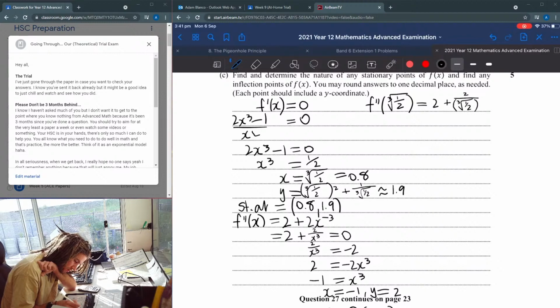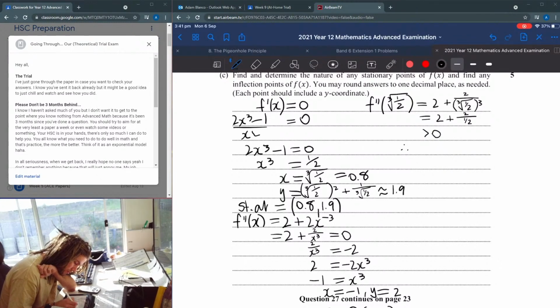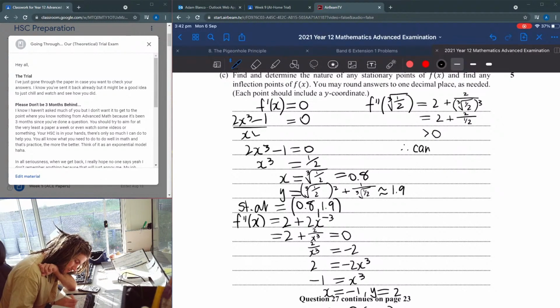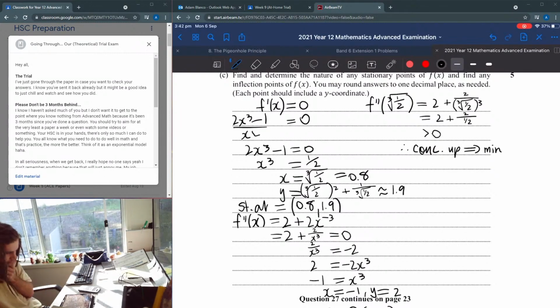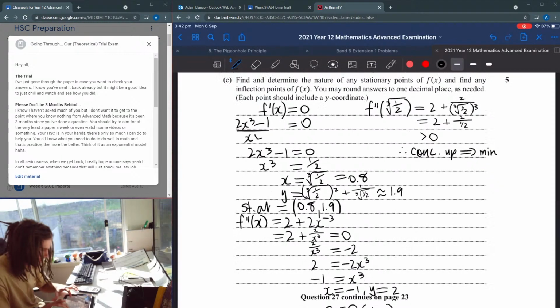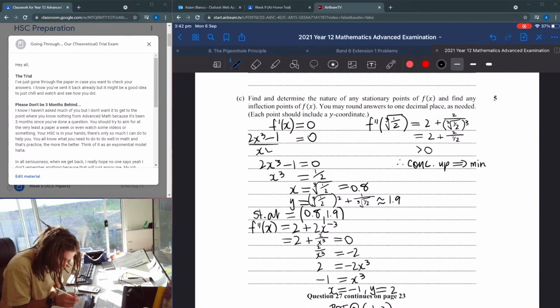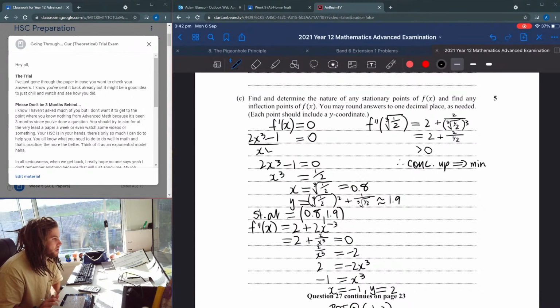Oh, that's cool, so they cancel. Greater than 0 means it's concave up, which implies a minimum. This is a weird graph because it has an asymptote as well. Alright, I've determined the nature of my stationary points and I've found points of inflection. Okay, is that everything I want?